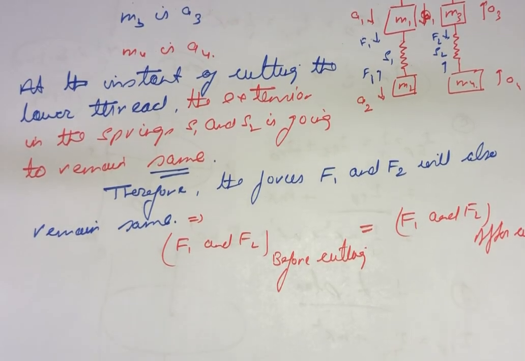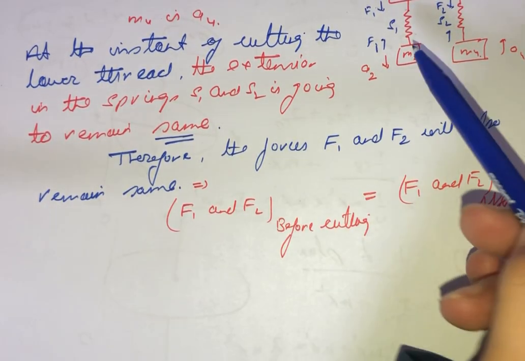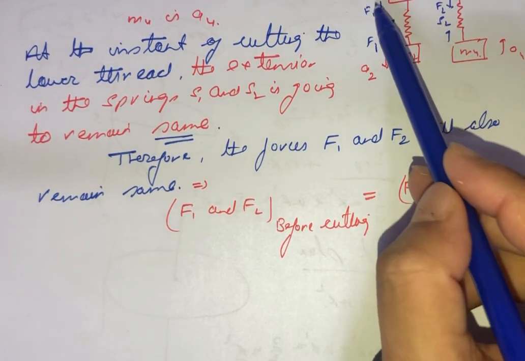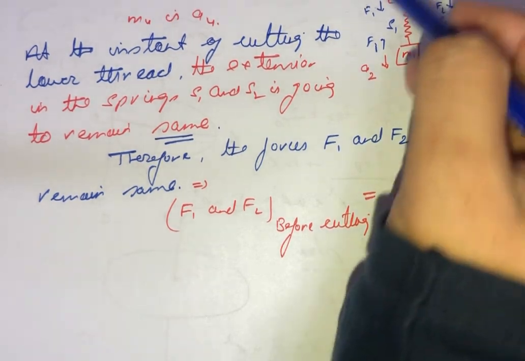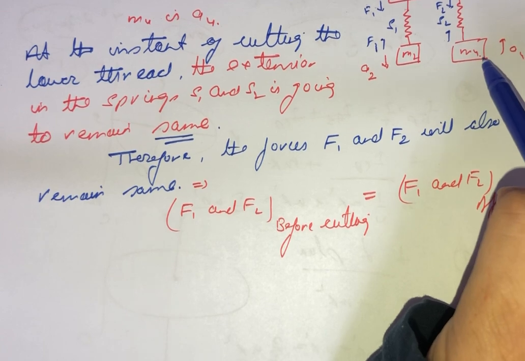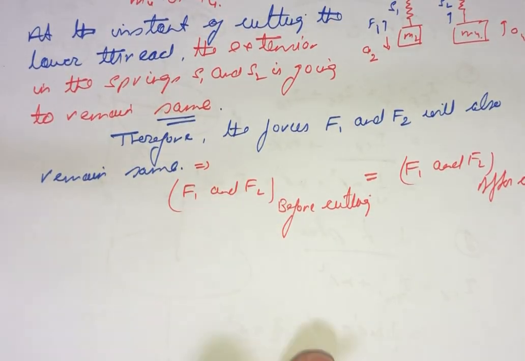This is simple. That is also given: for the equilibrium, M1 plus M2 is greater than M3 plus M4. So obviously the movement will be such that M3 and M4 will be going upward, M1 and M2 will be going downward.